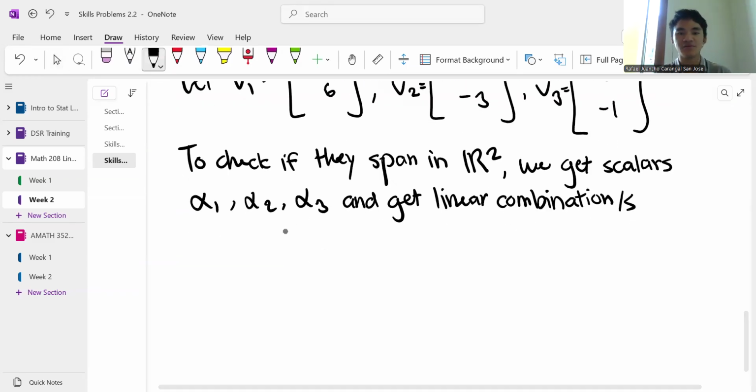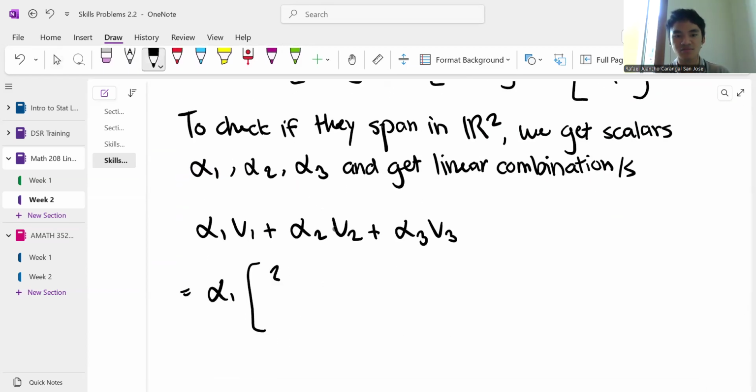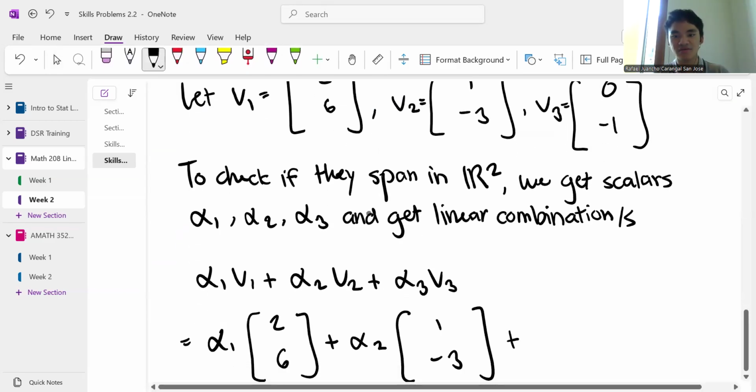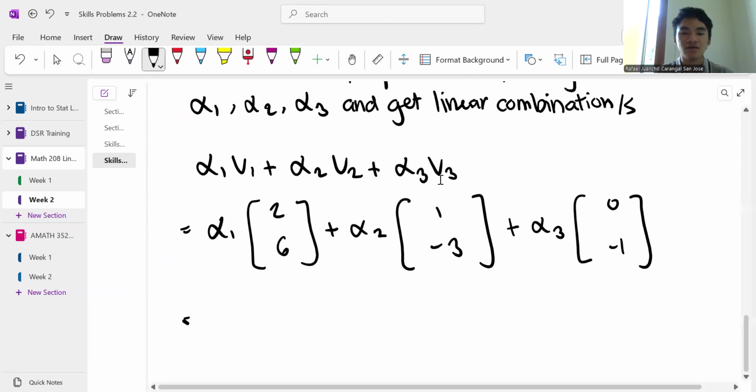Same idea as before. Then this would equal alpha 1 multiplied by v sub 1, alpha 2 multiplied by v sub 2, alpha 3 multiplied by v sub 3. And then we could convert them into something.